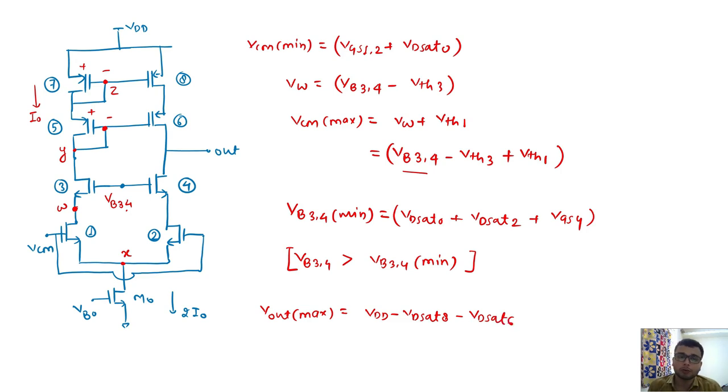So from here we can see the maximum value the output can reach. Now for the minimum value of output, I apply the same concept that I told you in tip. It will be nothing but VB3,4 minus VTH of 4, and this value I know, and whatever value we defined here is greater than this value, and from here we can calculate the output minimum and maximum value.